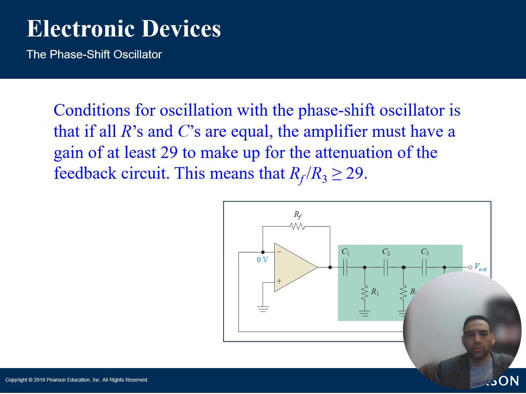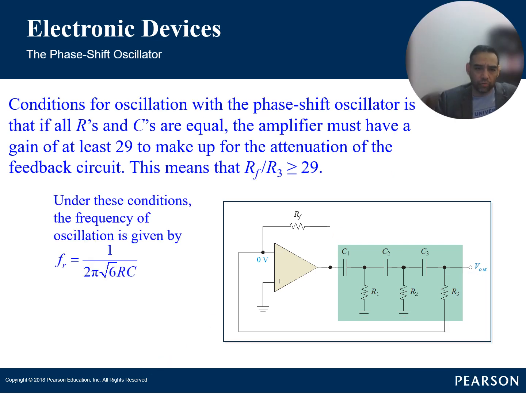All right, so the condition for oscillation with the phase shift oscillator is that all R's and C's are equal. The amplifier must have a gain of at least 29 to make up for the attenuation of the feedback circuit, which in this case is RF divided by R3 greater than 29. So we have an attenuation of 29, and we need to make sure that the gain is at least 29.